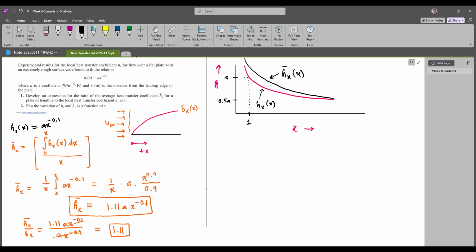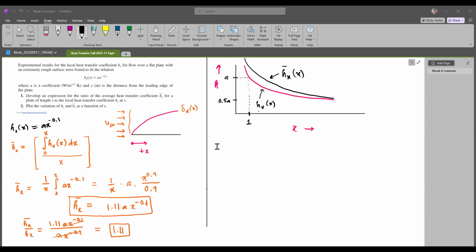Let's jump to the next problem. Let's see. I think I have five problems this time.